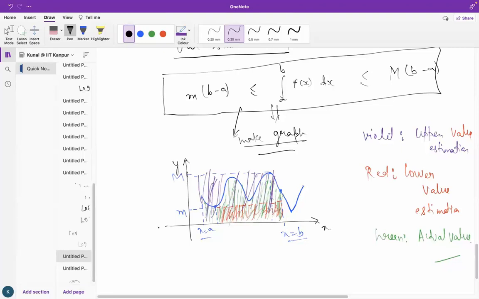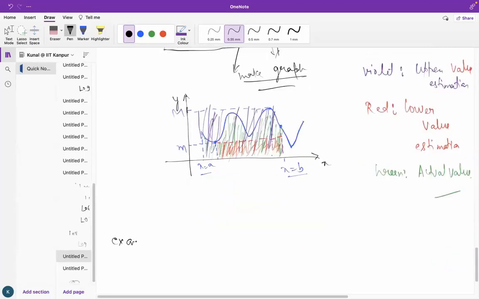So take an example. Example number one, but first one more noted point. Let me write it here. We are integrating f of x from a to b, and the integral of f of x dx is less than or equal to the integral of mod f of x. We already know that, right?